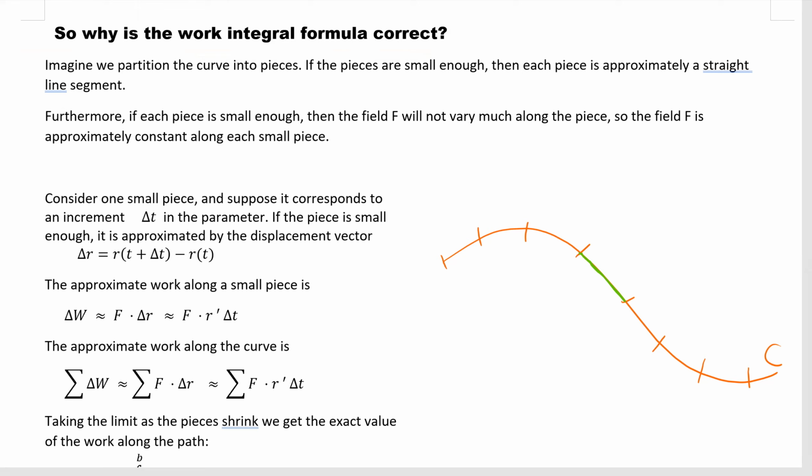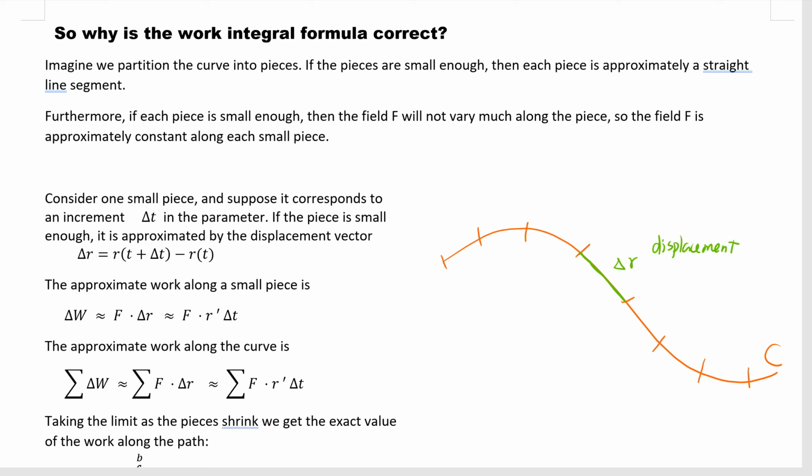Consider one small piece, and suppose it corresponds to an increment change of t in the parameter. If the piece is small enough, it is approximated by the displacement vector. So the change of displacement is gamma of t plus change of t minus gamma of t. That is the displacement, change of gamma.